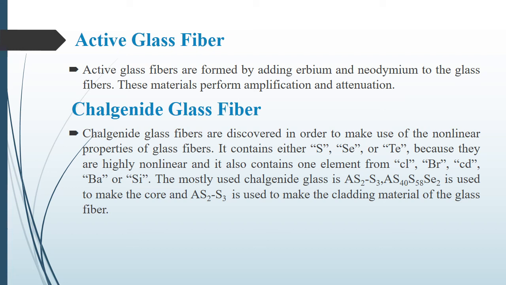Chalcogenide glasses exhibit high optical nonlinearity and are used in nonlinear optics applications ranging from optical amplifiers to optical switches. The most used chalcogenide glasses are As2S3 and As40S58Se2, used to make the core, and As2S3 is used to make the cladding materials.